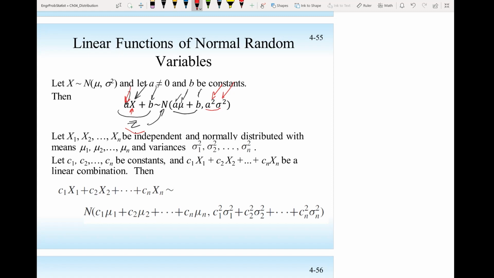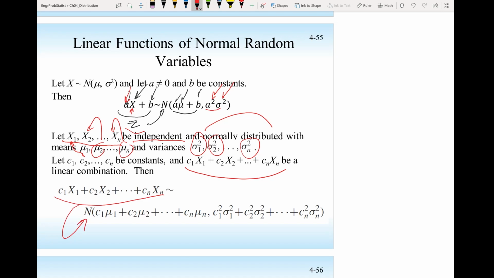Now, if I have many random variables, x1, x2, xn, and they are independent, and they have a normal distribution with mu1 for x1, mu2 for x2, and mu_n for xn, and these are the variances of x1, x2, and xn. If I sum all these variables that have normal distribution, then the sum will also have a normal distribution.